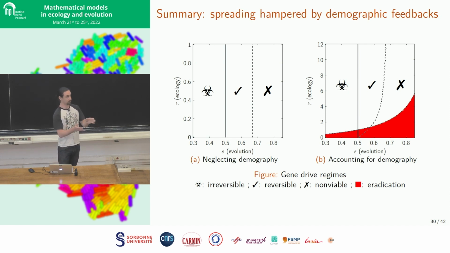And in the center of the left figure, you have the reversible viable drives. But they are all replacement drives. On the right figure, you account for demography. You have this new red zone for eradication, and basically the same free zones, but the nice zone, let's say, is smaller.